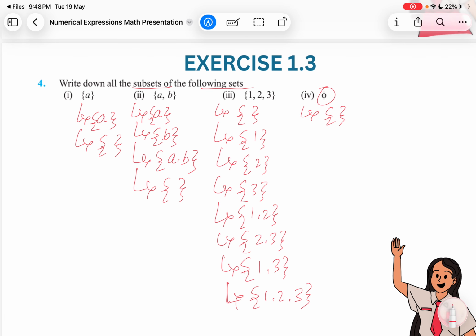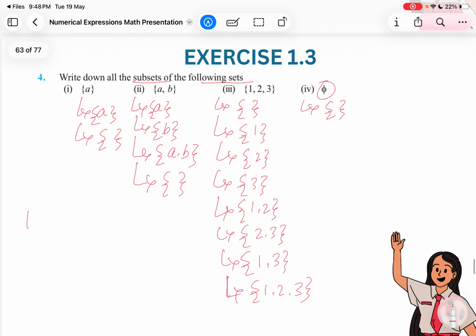So let's see how we can check whether our answer is correct or not. If we have a set and some elements, how many subsets can be formed with this? We will just write 2 to the power n. It means 2 to the power of the number of elements. 1 2 and 3, so 3, it will be 2 into 2 into 2 equal to 8.